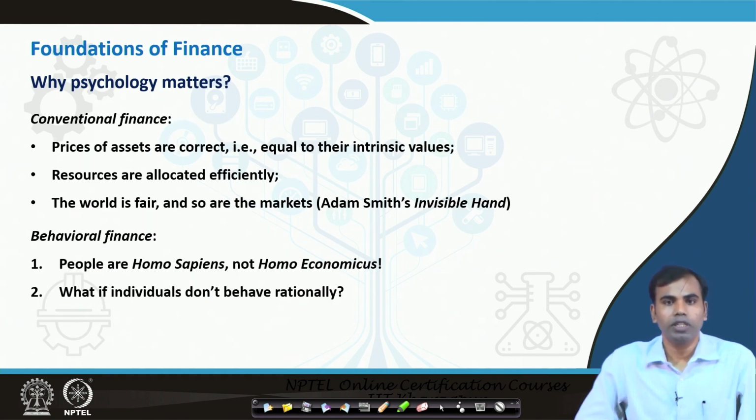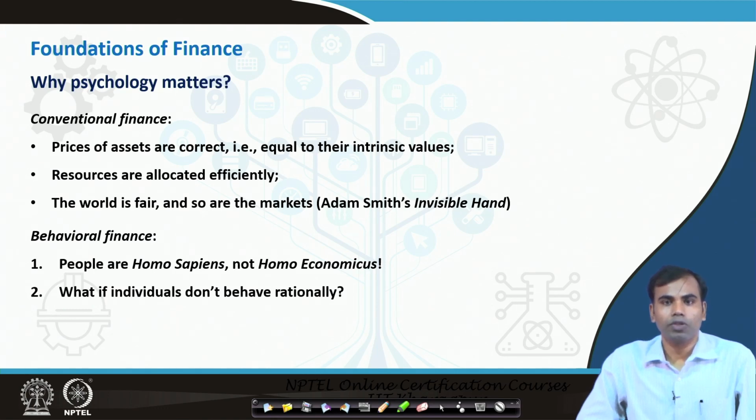Now, what could be the reason our behavior is important in financial decision making? Most of the conventional finance theories are based on three major assumptions. The first assumption is that the prices in financial markets are correct, which means the financial markets are in equilibrium and they reflect the correct prices of the assets that you want to invest in.